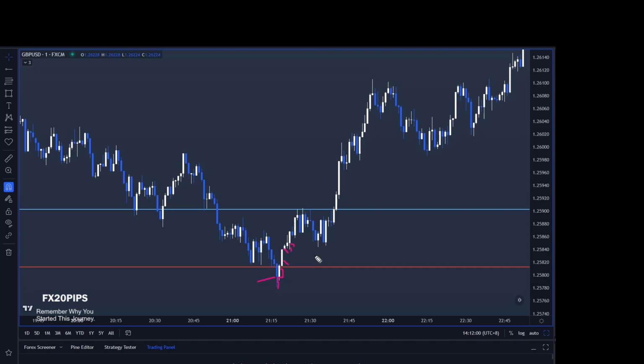Now, what am I looking for at this stage? I am looking for rejection of this area, right? But the second important thing is I'm looking for a break of structure. Basically, price went up, went above the high of here, went above the high of here. Okay, it fails to reach here, right?